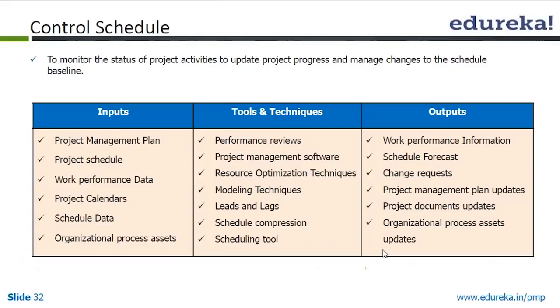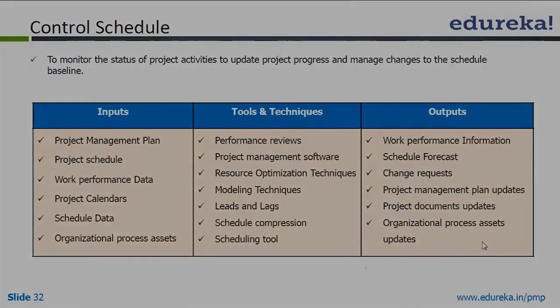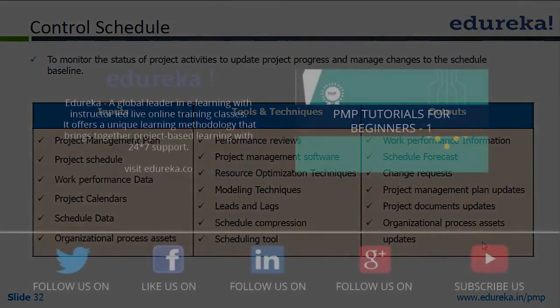Resource optimization techniques are used to take care of deviations and to bring projects back on track. Modeling techniques, leads and lags, schedule compression and scheduling tools are the tools and techniques. And what are the outputs? The work performance information, schedule forecast, change requests, project management plan updates, document updates, and OPA updates are your outputs.